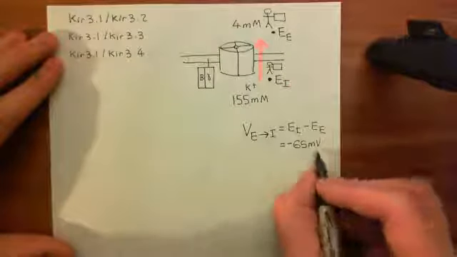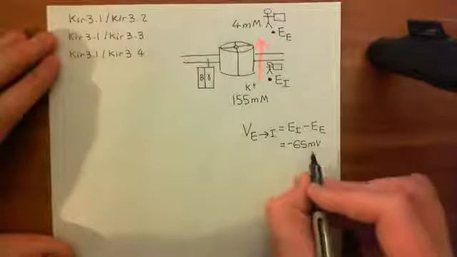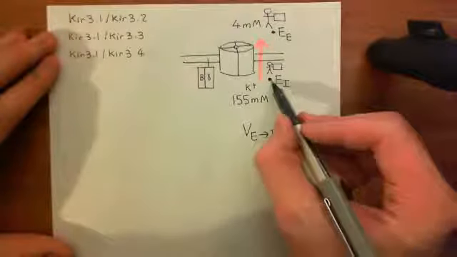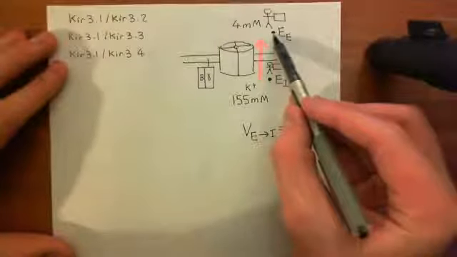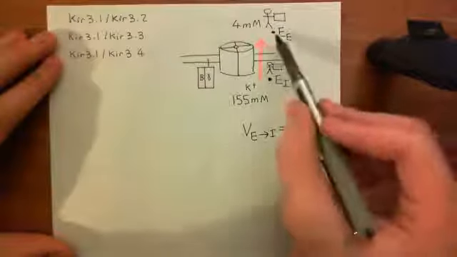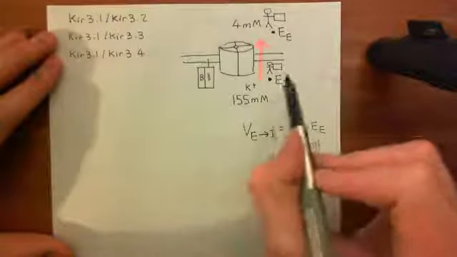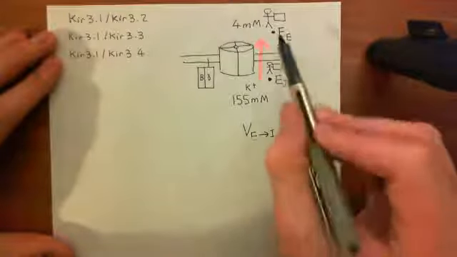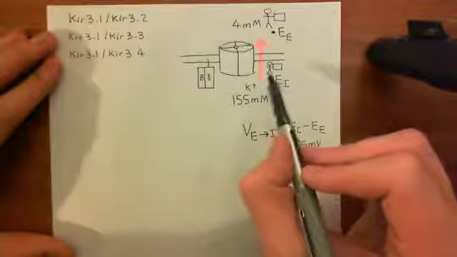Well, we know that the electrical potential difference across the membrane is usually around negative 65 millivolts, which means that the electrical potential of the intracellular compartment is lower than the electrical potential of the extracellular compartment by 65 millivolts. We don't know what the absolute values of these are, but we know that the intracellular compartment, whatever its electrical potential is, is the lower electrical potential of the two, basically.